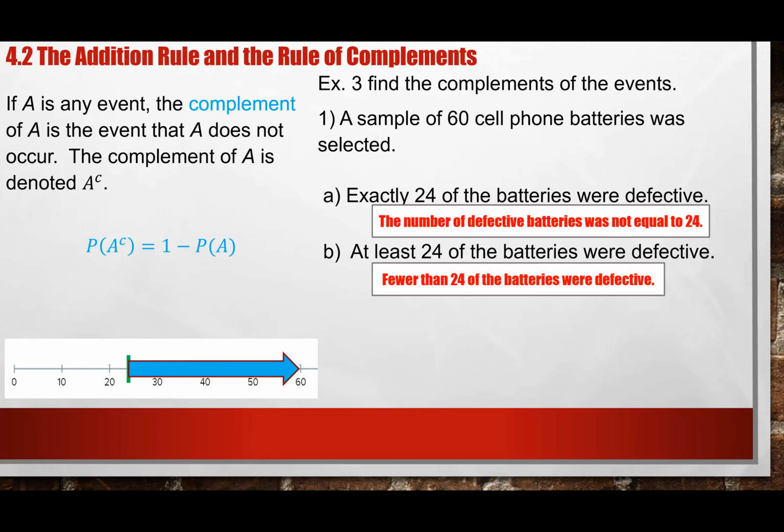Fewer than 24 means that, again, we don't include 24, we just include the 23, the 22, the 21, the 20, the 19, and so on until the 0. Basically it's the opposite of what they're stating. They just want you to give the opposite number when it's anything but that number.